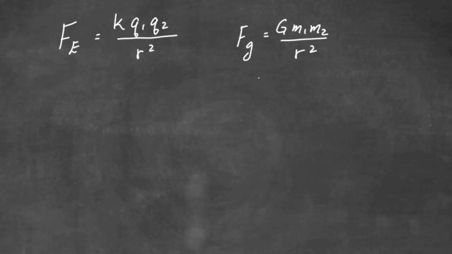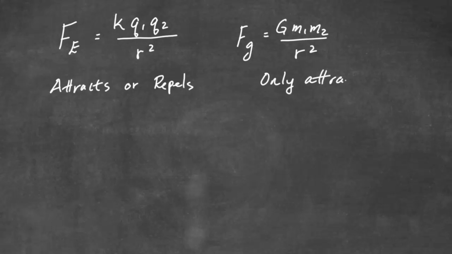Both of them have an inverse square relationship with the distance. So if you can use one of these equations, it's helpful because you can apply the mathematical process to the other one, but there are also some differences. Obviously one is dealing with masses, the other with charges, but beyond that, the electrostatic force can be attractive or repulsive, while gravitational force only attracts.